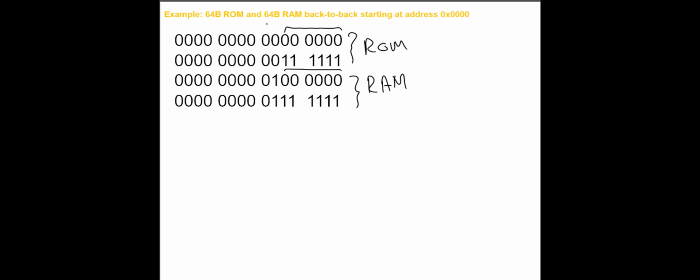The next bit right here is always 0 for the ROM, and it's always 1 for the RAM. So that might give me an indication, or this is actually the bit I'm going to use to select between the ROM and the RAM. And the remaining bits are always 0 in this case, right?